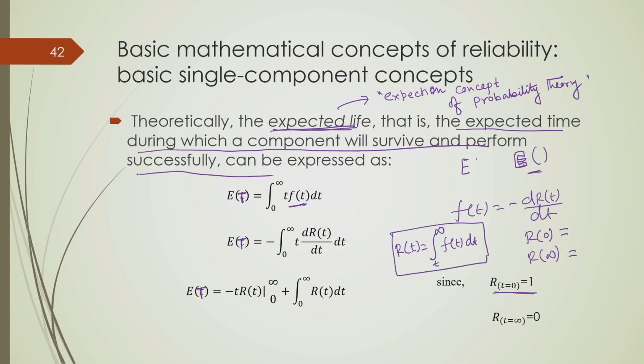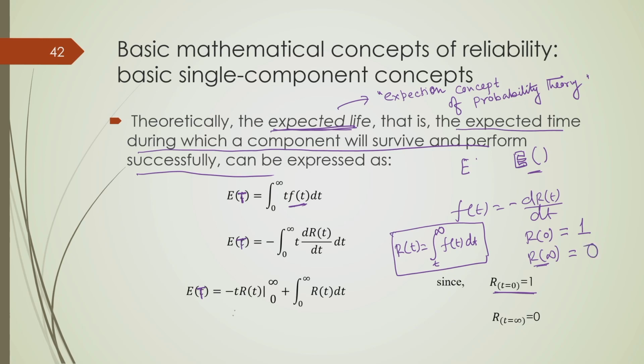Now, if we put t equal to 0, then this limit would be 0 to infinity. Now, if you integrate any probability density function with a limit of 0 to infinity, this gives you 1. Now, what would the reliability function be at t equal to infinity? If you put t equal to infinity, both the limits will be equal, so this will be equal to 0.